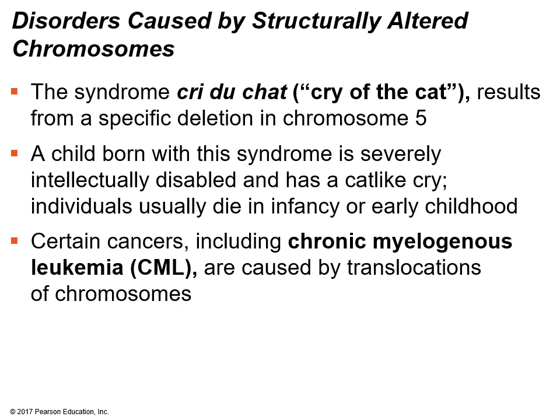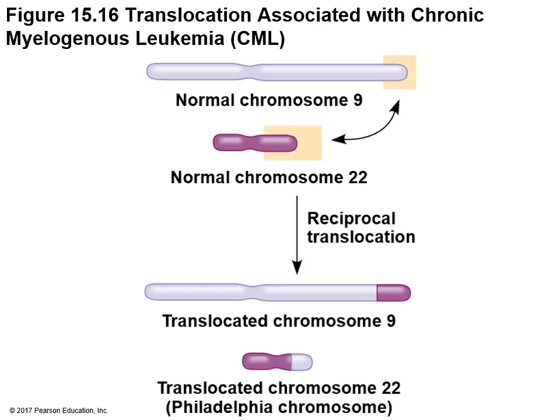Certain cancers, including chronic myelogenous leukemia, CML, are caused by translocations of chromosomes. So here is the translocation in CML.